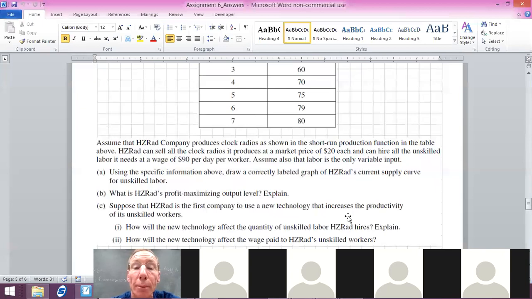Okay, so using the information above, draw a correctly labeled graph of the HZR ad company's current supply curve of unskilled labor. Okay, well, look what it says right here. The wage is $90 per day. So it's going to be $90 no matter how many workers they hire. It can hire all the workers they want at $90 per day.